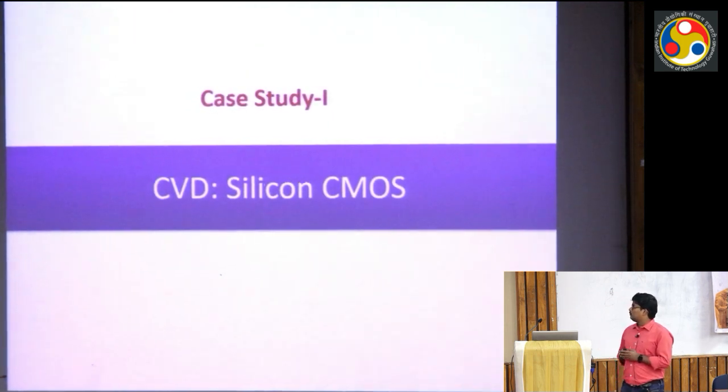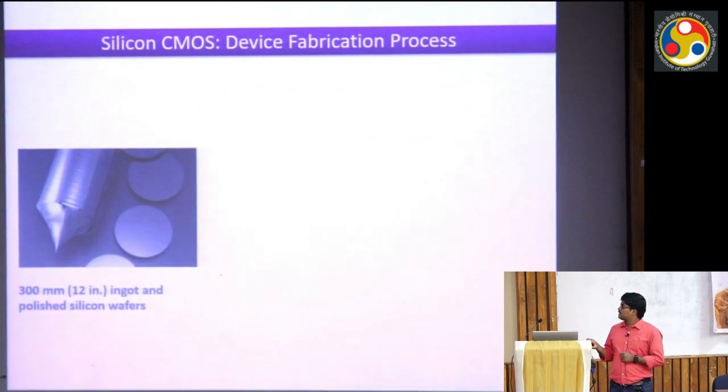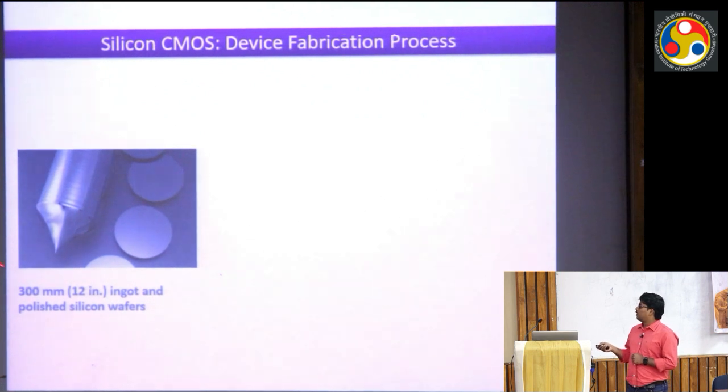Now in the first case study, let us quickly see how we are using this CVD in case of silicon CMOS. Overall our objective is to get the final encapsulated CMOS inverter, let's say, starting from this ingot. So this is a 300 millimeter or 12-inch ingot, and these are the different wafers, this round shape.